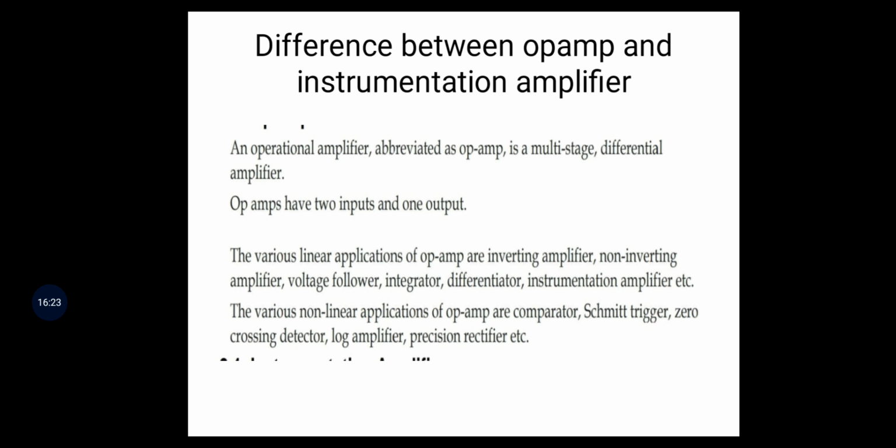A zero crossing detector detects the zero: when the signal crosses zero, its output changes. Most precision rectifiers are used for instrumentation purposes only.